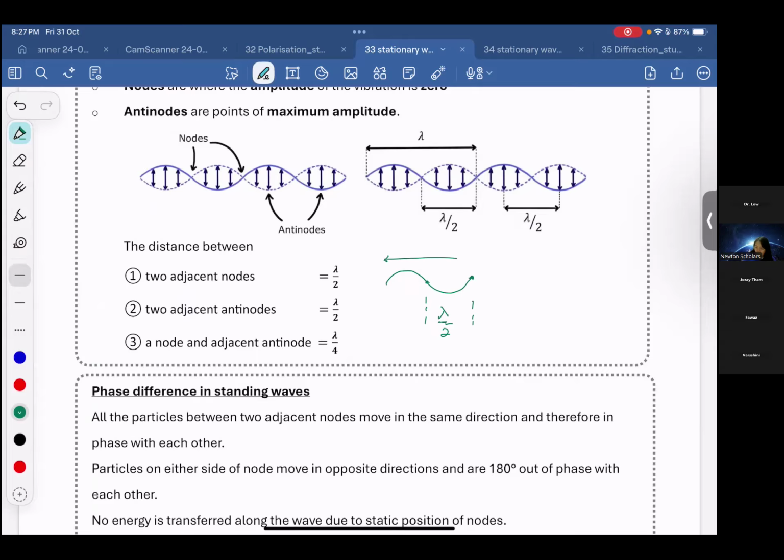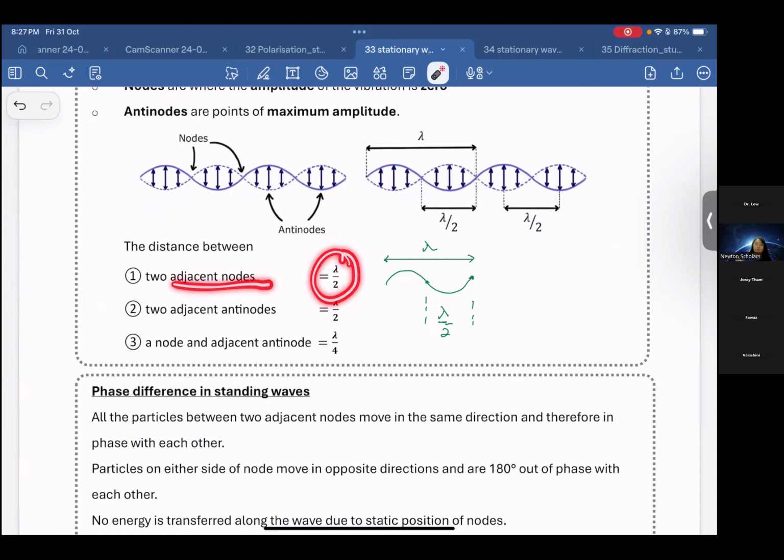Because one wavelength should be from here to here. Okay, so you need to understand 2 adjacent nodes is actually half wavelength. 2 adjacent antinodes also half wavelength. Antinode to antinode also. Only from a node, then goes to another node, one more node, this one is considered one complete wave.